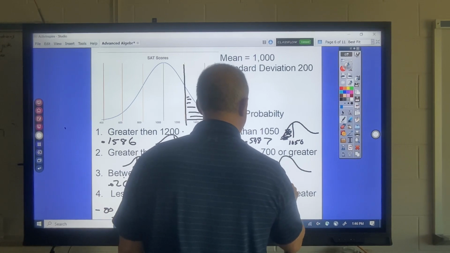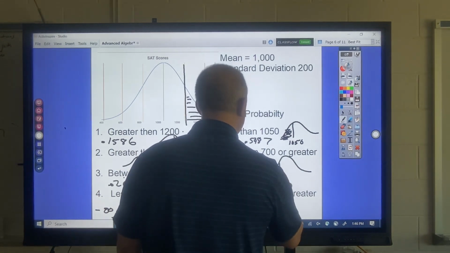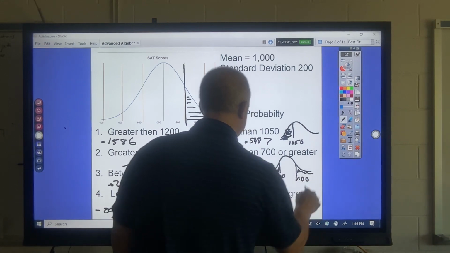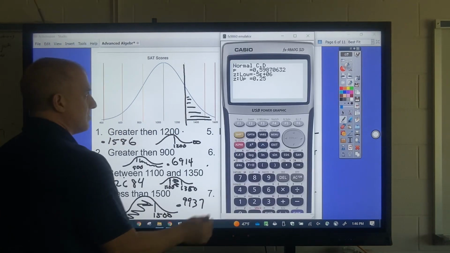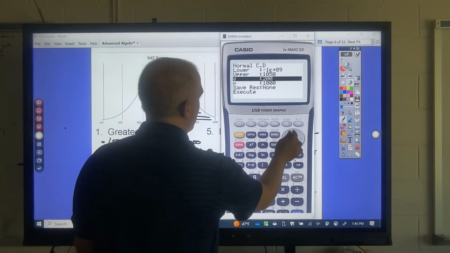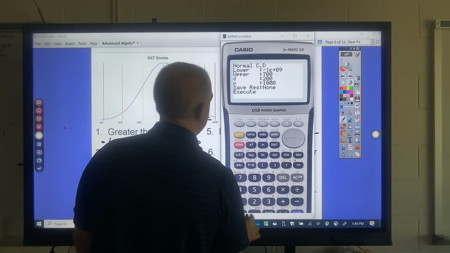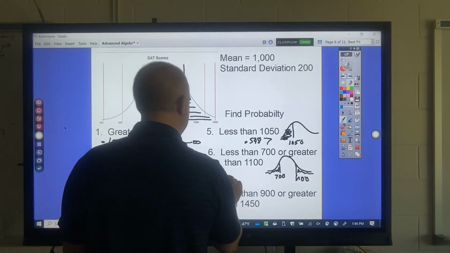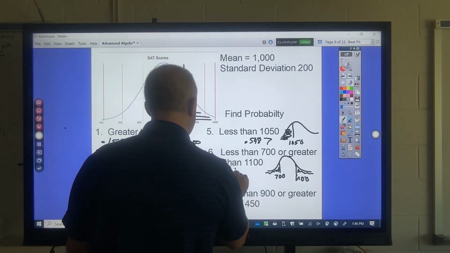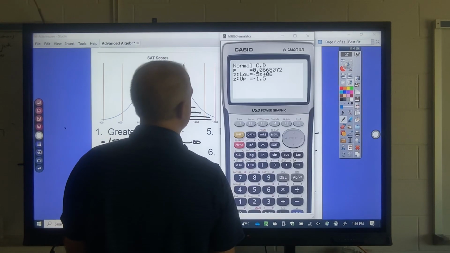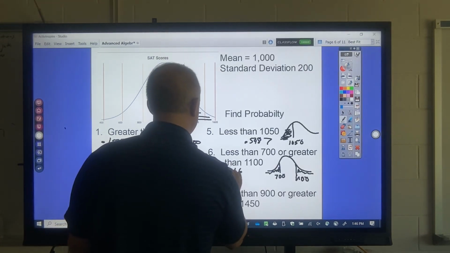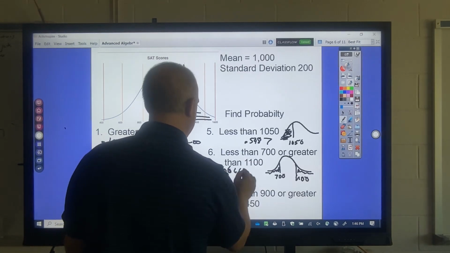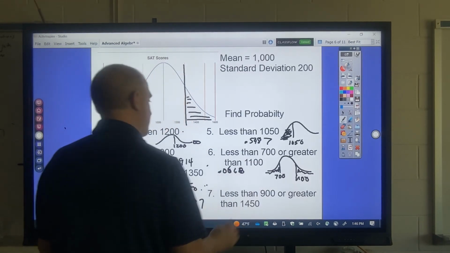All right, less than 700 or greater than 1,100. So here's what I got. I got 700 going this way. I got 1,100 going this way. So what I'm going to do is figure out the negative one first with the 700. That's 0.0668. That's that way.